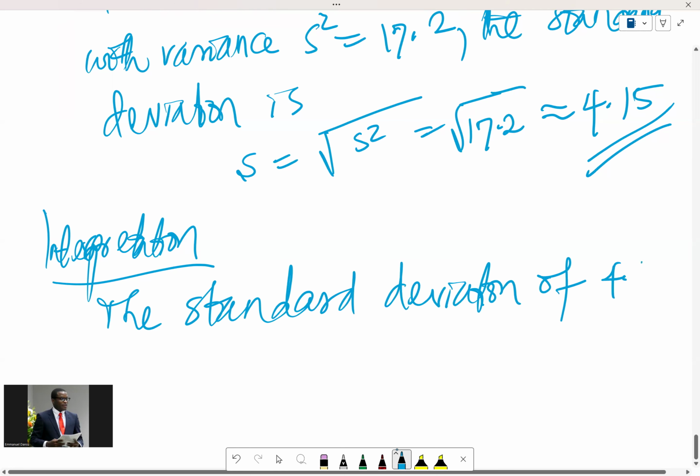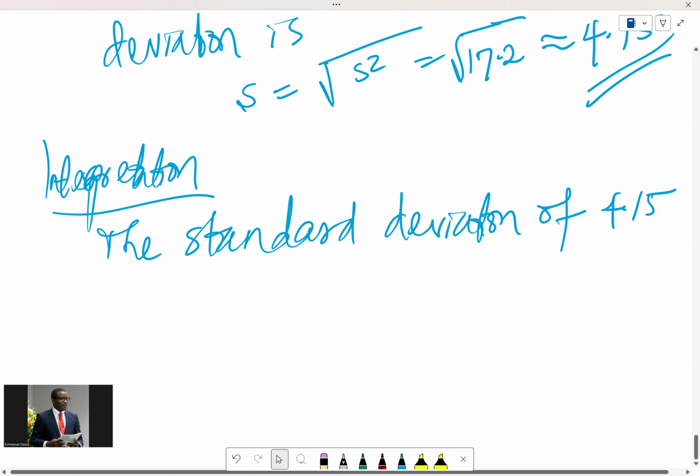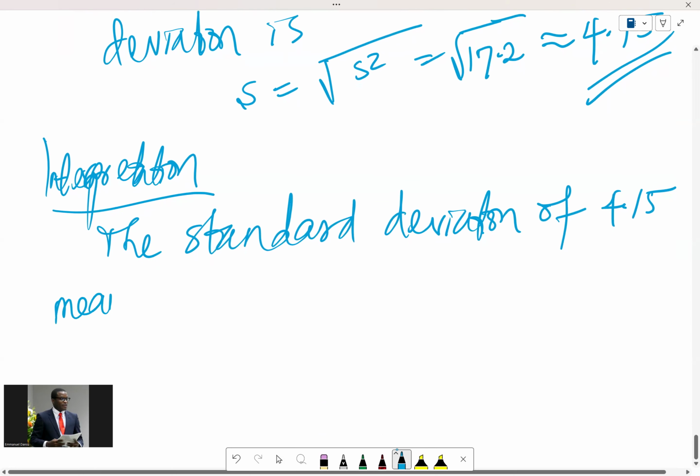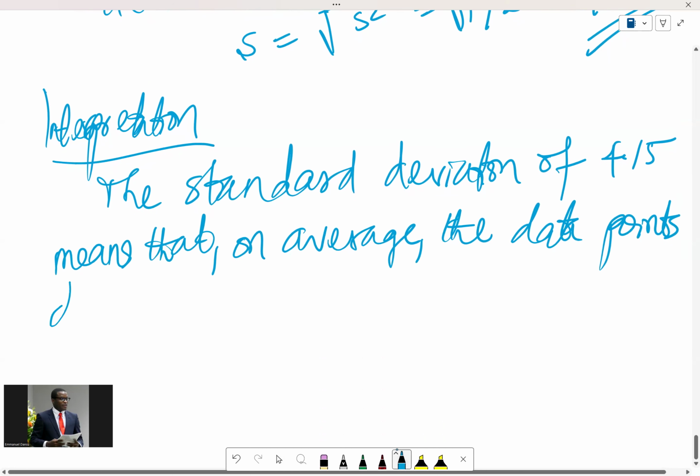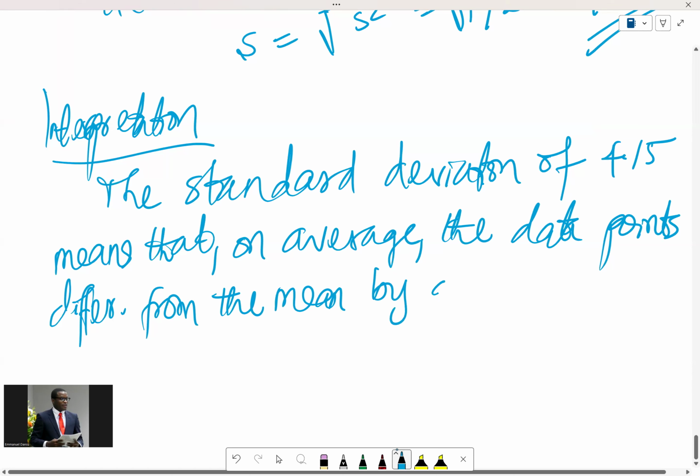of 4.15 means that, on average, the data points differ from the mean by about 4.15 units.